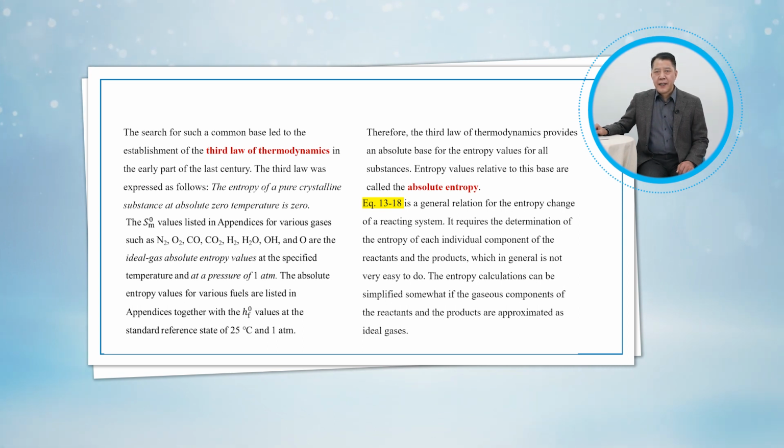The entropy calculations can be simplified somewhat if the gaseous components of the reactants and the products are approximated as ideal gases. However, entropy calculations are never as easy as enthalpy or internal energy calculations, since entropy is a function of both temperature and pressure, even for ideal gases.